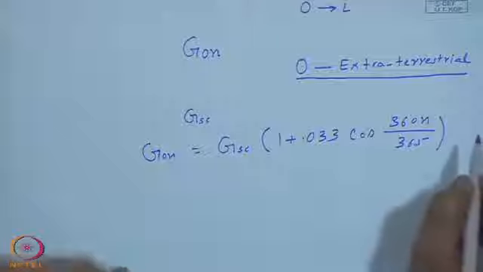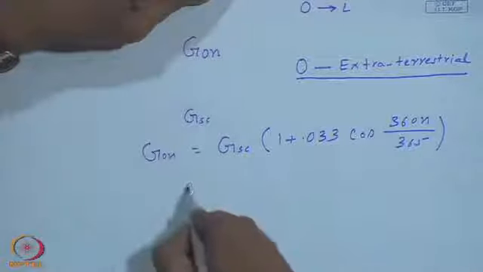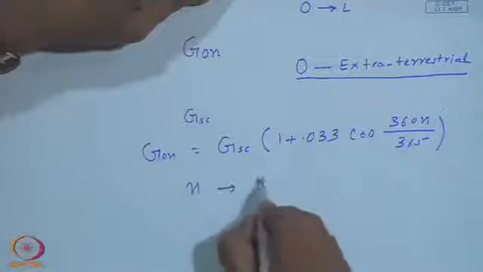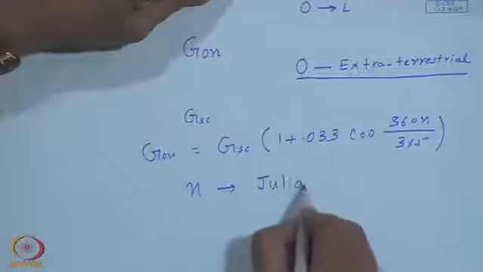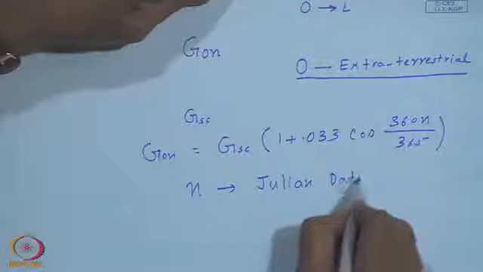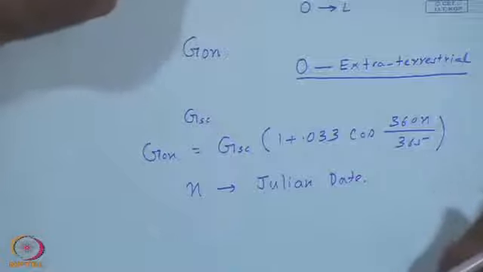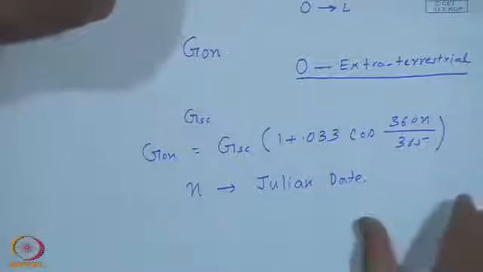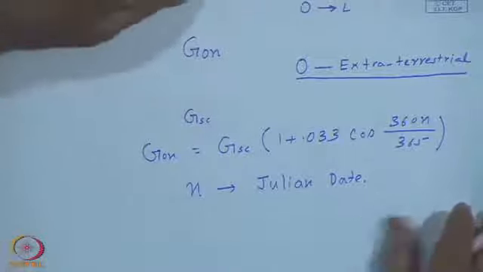This n is the so called day of the year, also called Julian date, which is simply January 1 counted as 1 and December 31st will be 365.